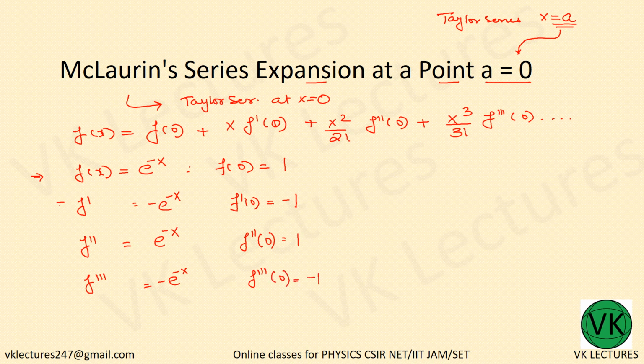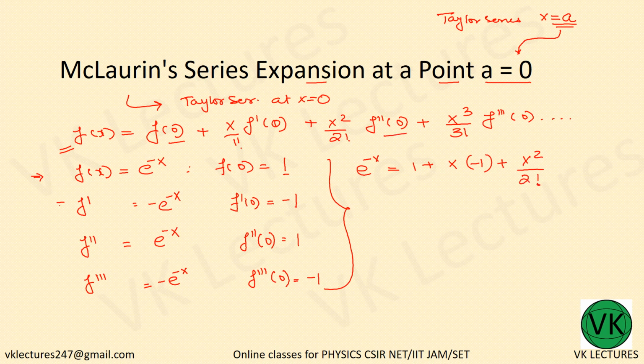So it goes on. So how will you write the function? So for function we need this one. So e to the power minus x can be written as 1, that is f of naught, that is 1, plus x times f dash of 0, f dash of 0 is minus 1, so minus 1, by here 1 factorial is there but we need not write, okay, plus here x square by 2 factorial into f double dash of 0.